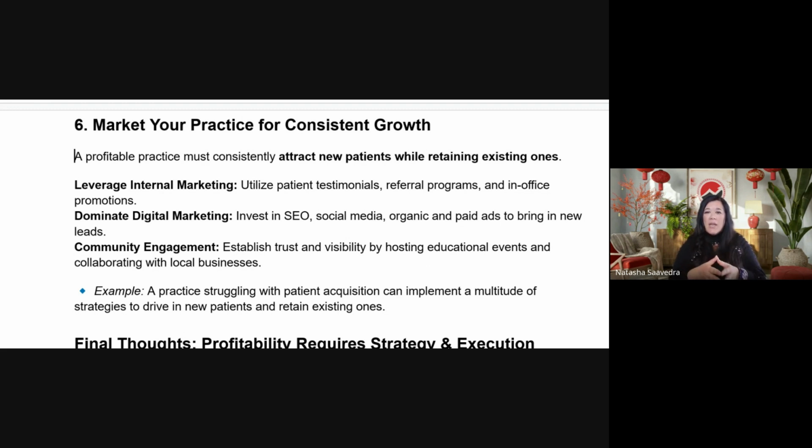So marketing, we keep the existing ones, we're funneling in new patients, and we do that by leveraging internal marketing. We utilize patient testimonials. We have fun referral programs. It's March, so we always have the little pot of gold basket with a bunch of lottery tickets and a bunch of chocolate gold coins, and we tell people, hey, like us on Facebook, follow us on Instagram, engage with us on TikTok or LinkedIn.